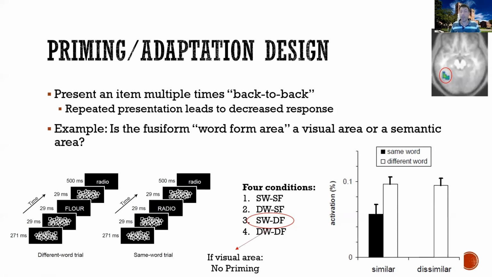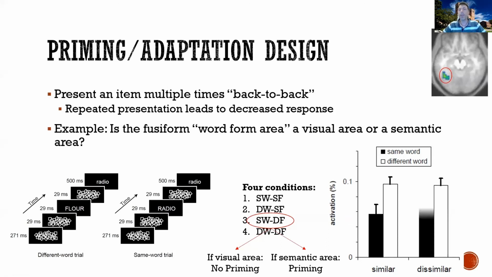If the fusiform is a visual area, then the lines that make up this word and that word are different, so we ought to see no priming. If instead the fusiform word form area is a semantic area, then these two, regardless of their font, mean the same, and so we should see priming. See, it's a very clever design that allows teasing apart these two aspects.